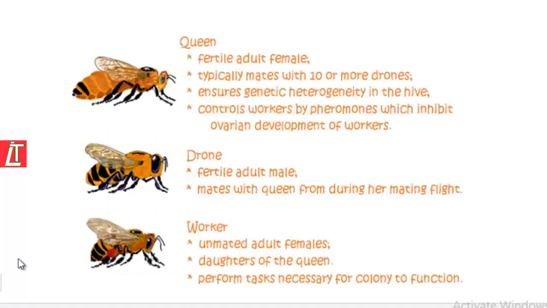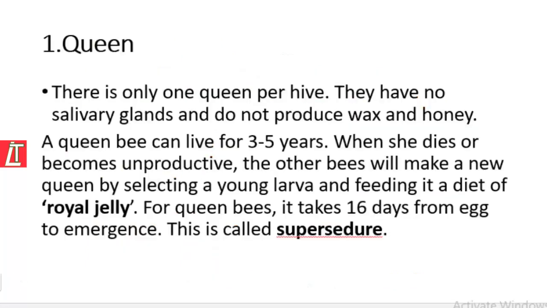Queen, fertile adult female, typically mates with 10 or more drones, ensures genetic heterogeneity in the hive, controls workers by pheromones which inhibit ovarian development of workers. Drone, fertile adult male, mates with the queen during her mating flight. Worker, unmated adult females, daughters of the queen, perform tasks necessary for the colony to function.